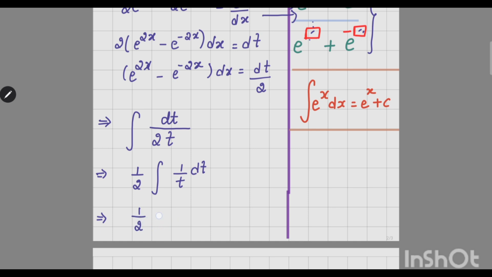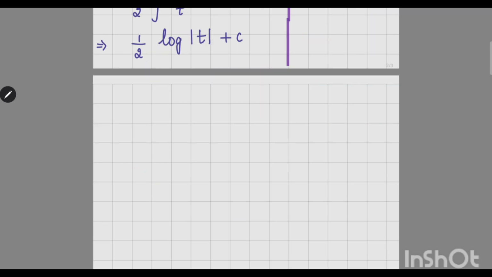It is log modulus of t plus c. Now this implies 1 by 2 log of modulus of e to the power 2x plus e to the power minus 2x plus constant of integration.